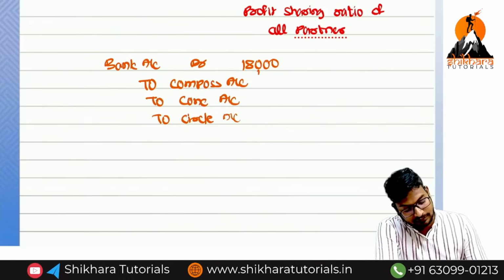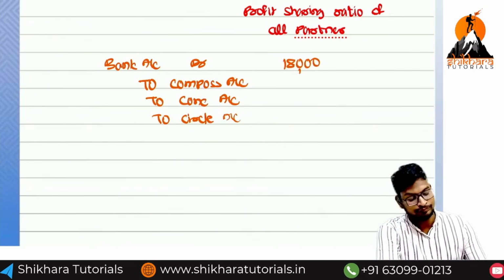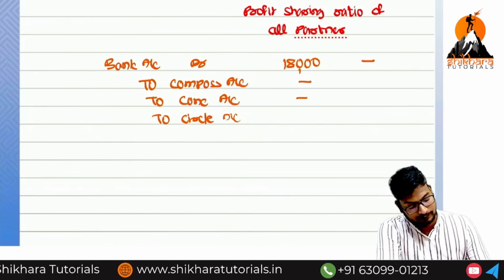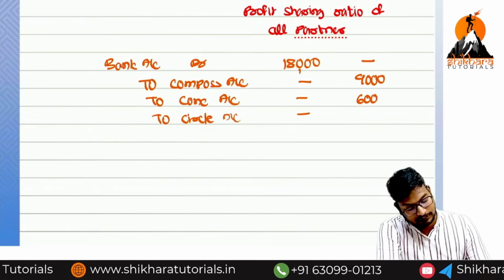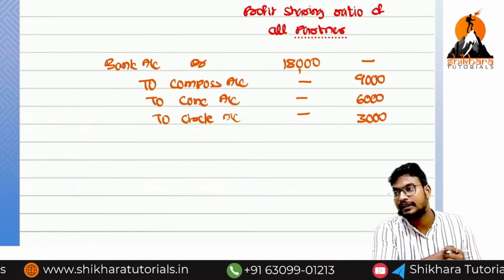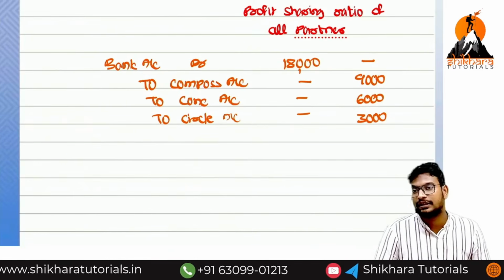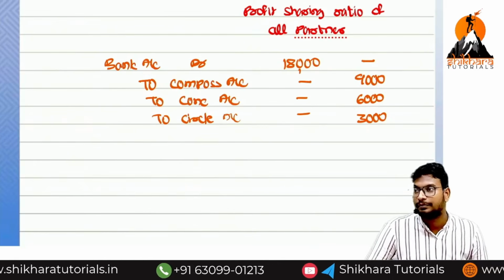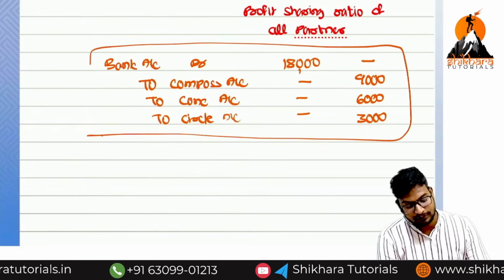Divide the 18,000 in the old proportion: 9,000, 6,000, 3,000. Either we can do it like this, or in place of bank we can write P&L adjustment account. Are we going to prepare two accounts or only one?